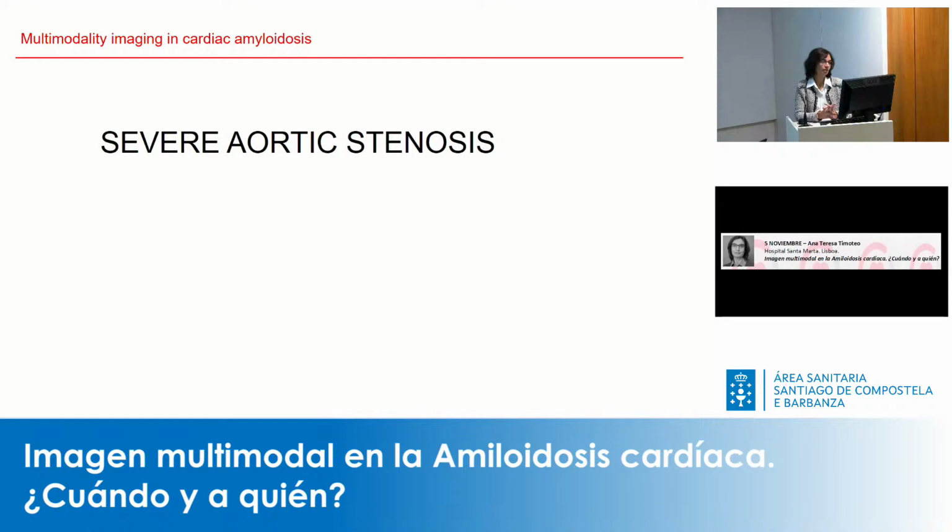Finally, because I'm a clinical cardiologist, I will just briefly talk about the relation between cardiac amyloidosis and aortic stenosis. When we do echocardiograms in patients with severe aortic stenosis, it's quite frequent to find this relative apical sparing pattern, and we really don't know what to do when we have that pattern.